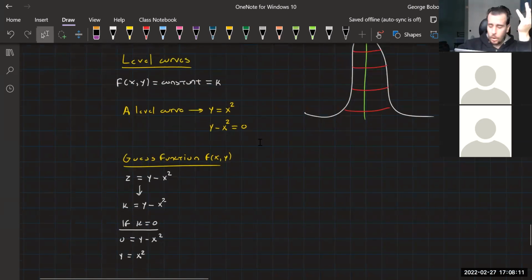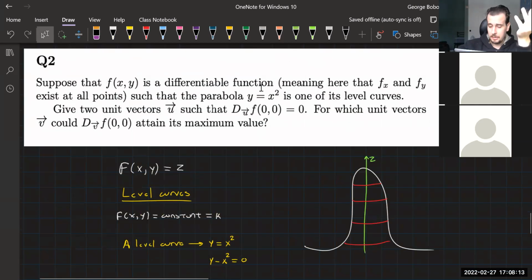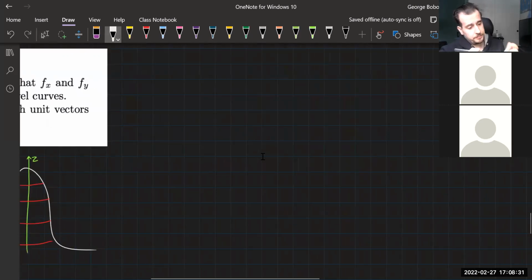So all I had to do here, take this as a general rule of thumb: if they gave me a level curve, all I had to do to find z was to collect everybody on one side. That's all I had to do. And I've done this before in 1D math. Let me explain my drift. Sometimes in Math 117, they do the bisection method or the intermediate value theorem.